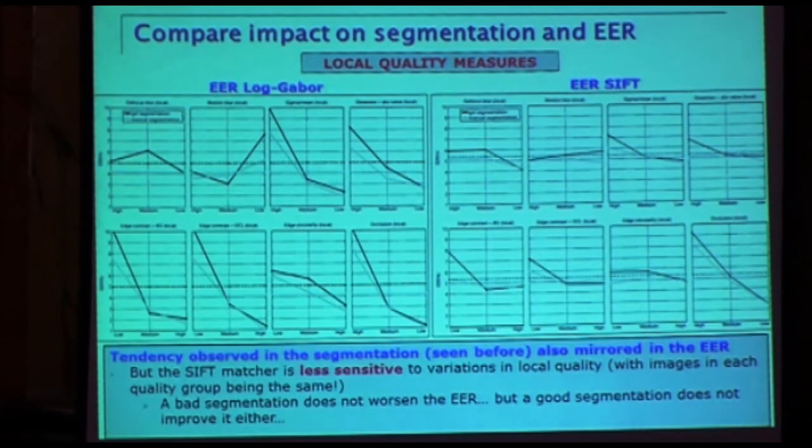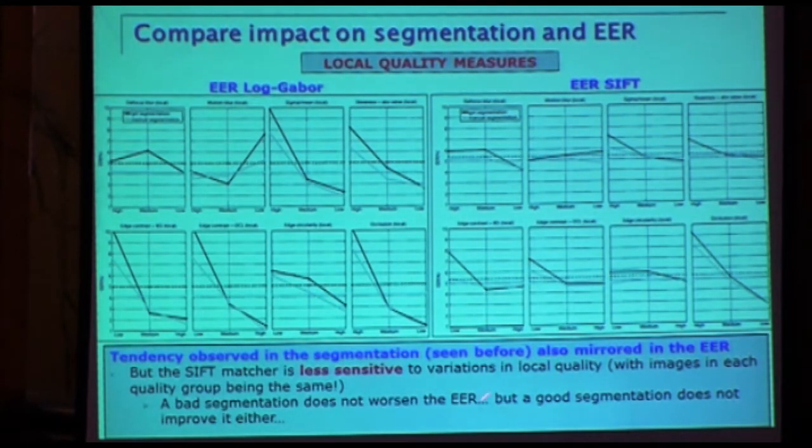If we focus on local quality measures, what we see is a tendency, the same tendency seen in the segmentation. In the segmentation, we observe that the segmentation performance improves in this direction mostly, and here we can also see that the equal error rate improves in the same direction. Interestingly, using the SIFT matcher, this matcher is less sensitive to variations in local quality, even if the images in the quality groups are the same for the 2 matchers.